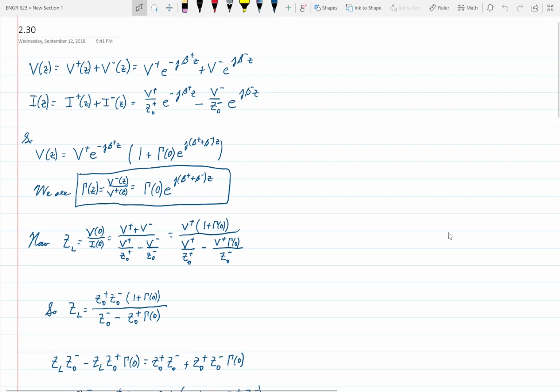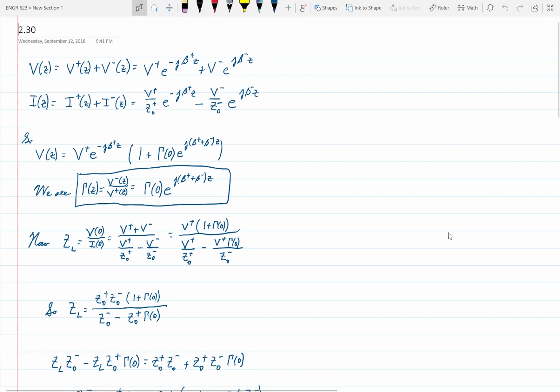An example of such a line could be a microstrip transmission line on a magnetized ferrite substrate. If the line is terminated with an impedance ZL and is of length L, derive expressions for the reflection coefficient and impedance seen at the input of the line.